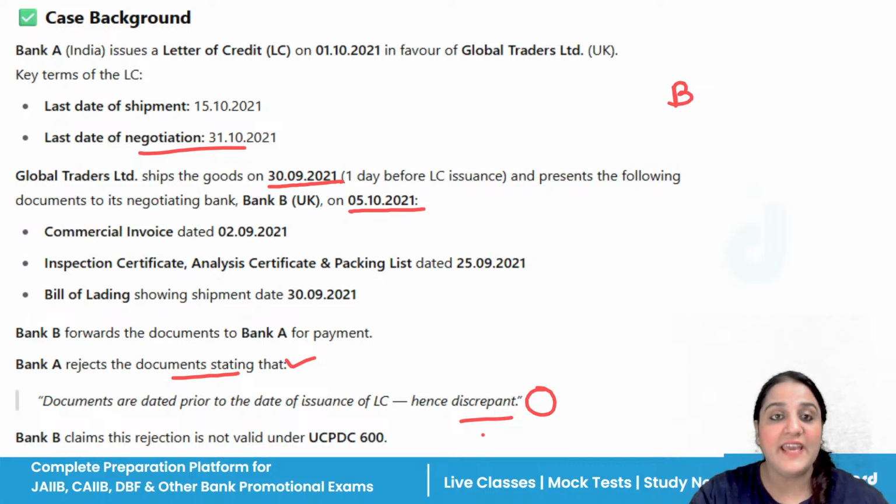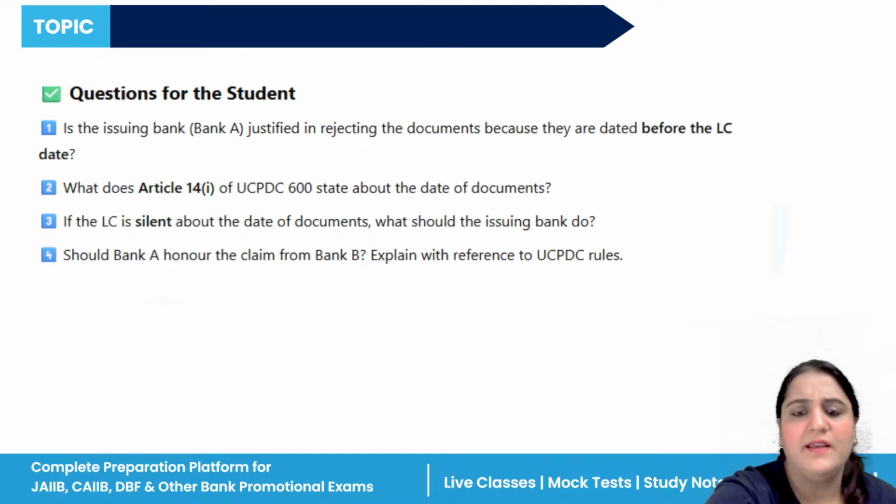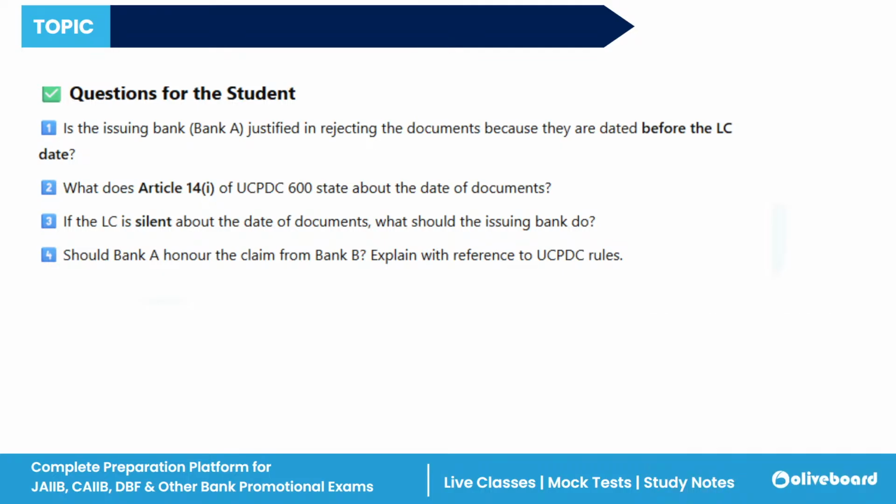Now in that case, the questions for the students are: is the issuing bank justified in rejecting the documents because they are dated before the LC date? What does Article 14 subsection I of UCP DC 600 state about the date of documents?